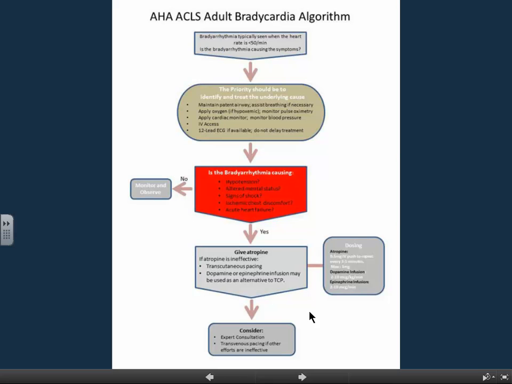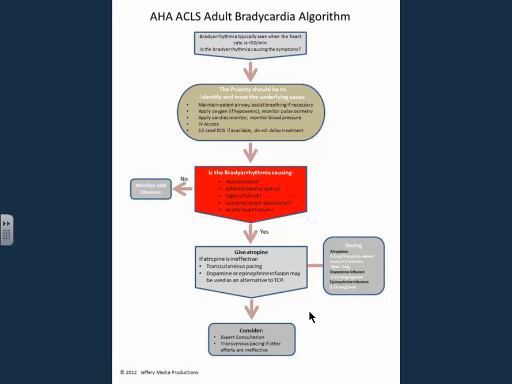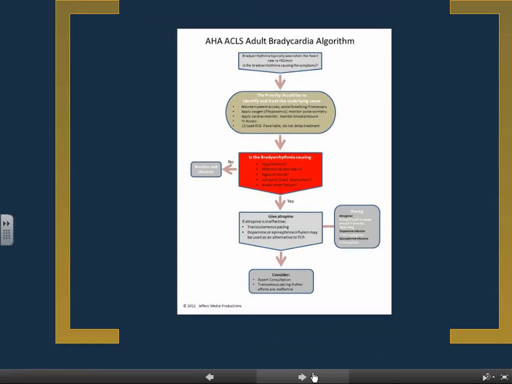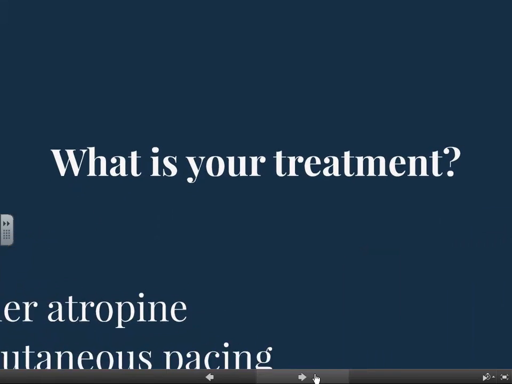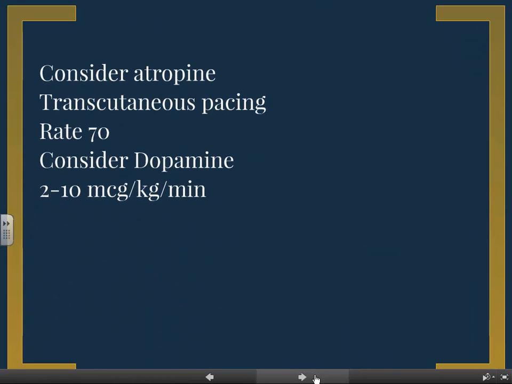TCP, we can start pacing or give dopamine or epi infusions. More than likely, you're going to do dopamine because you've already got a dopamine infusion mixed up in your drug box. Okay? So this is the treatment we just talked about. You're transcutaneous pacing at a rate of 70.